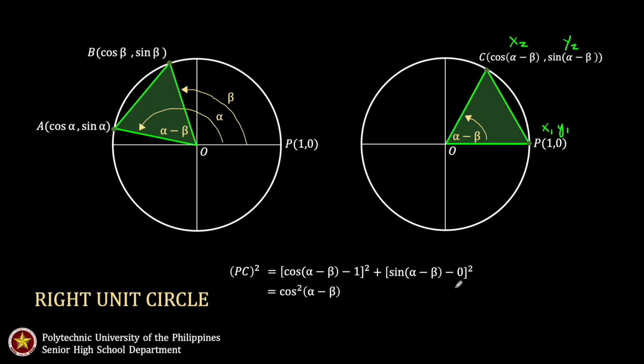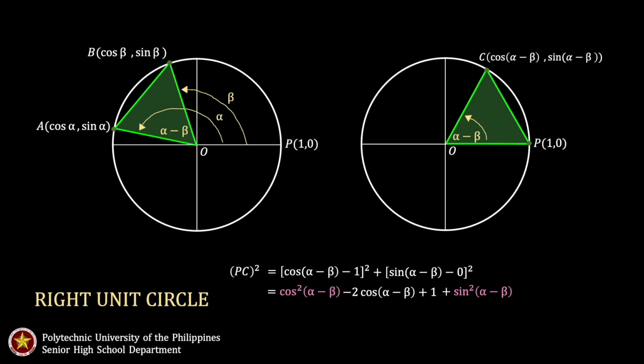Now simplifying, we have cosine squared of alpha minus beta minus 2 cosine of alpha minus beta plus 1 for this term, and for this term, we have sine squared of alpha minus beta.